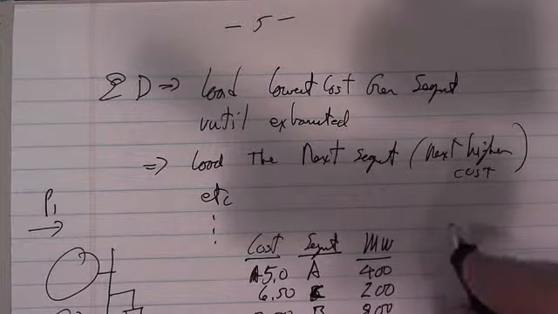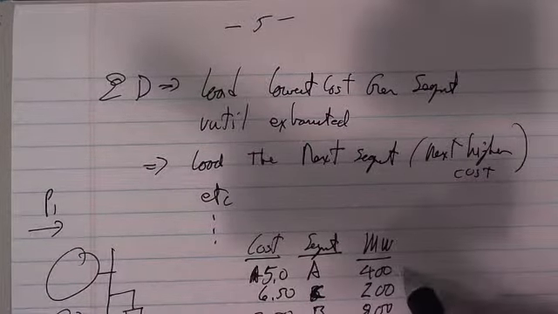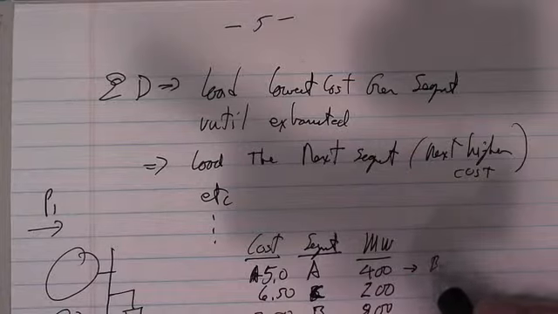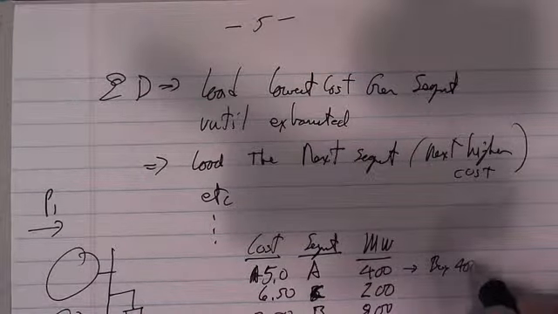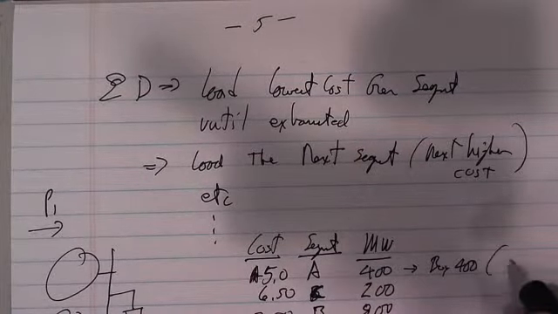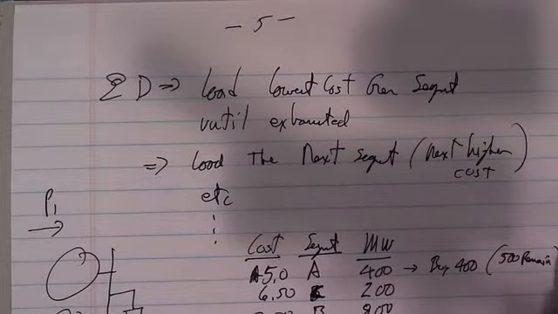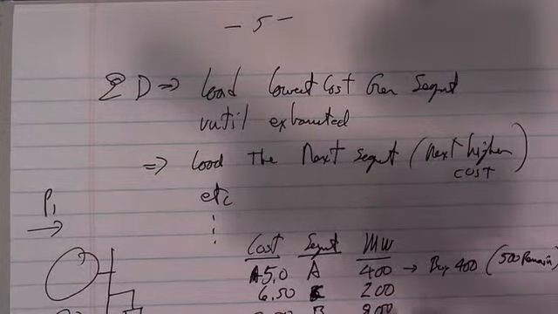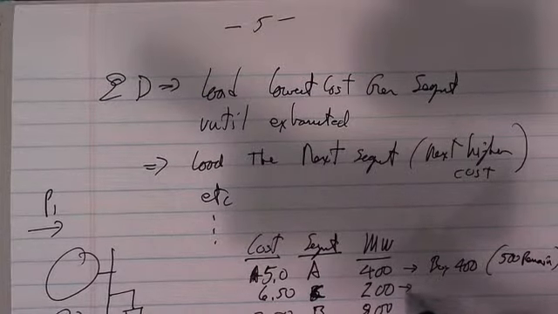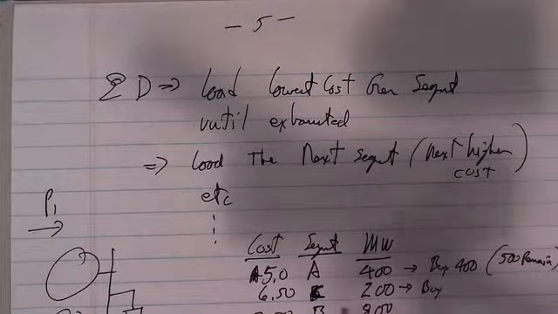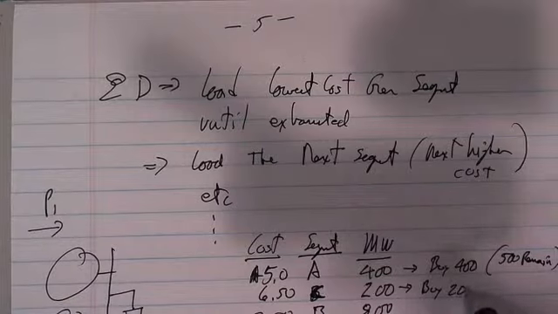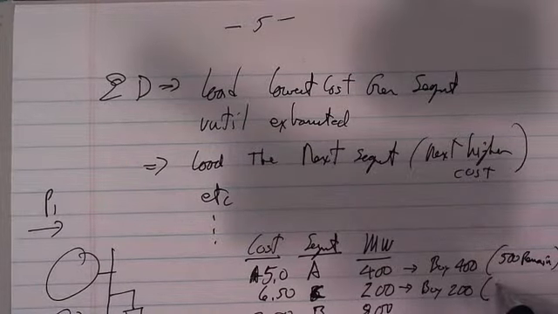I go in here and I say, okay, we're going to buy all 400. So that leaves 500 remaining. Good. Come to the next one. Buy 200. So now I have 300 remaining.